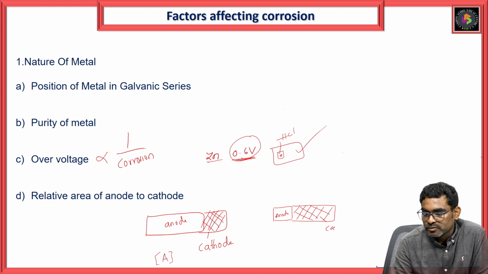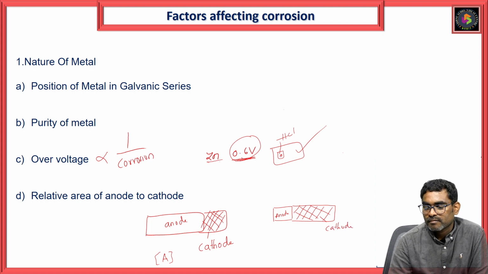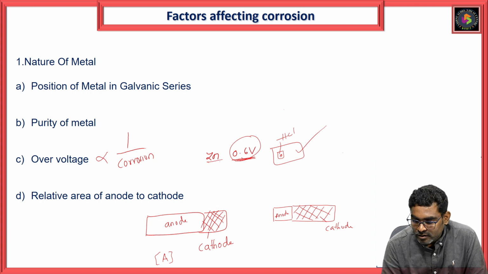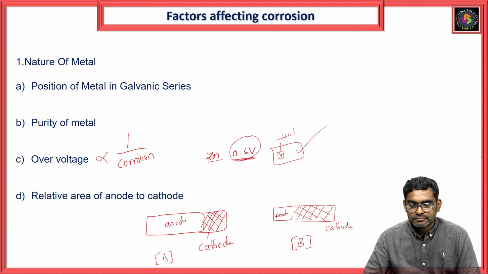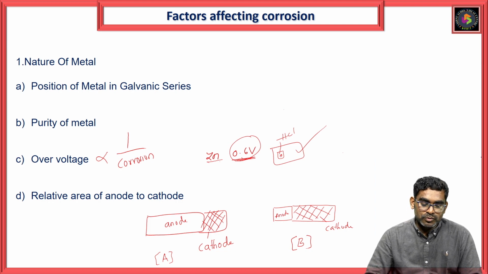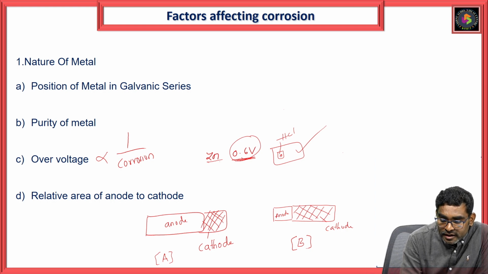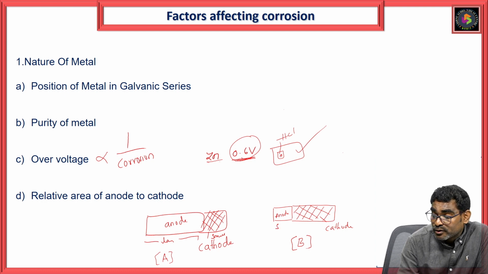So likewise we have two, structure A and structure B. See what we observed: in structure A, in relative area of anode to cathode, anode is large and cathode is small. But in structure B, anode is small and cathode is large.